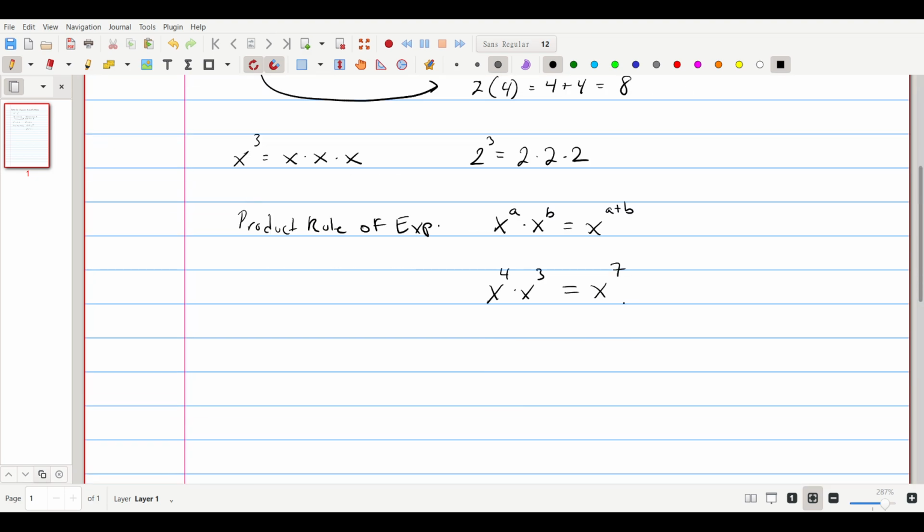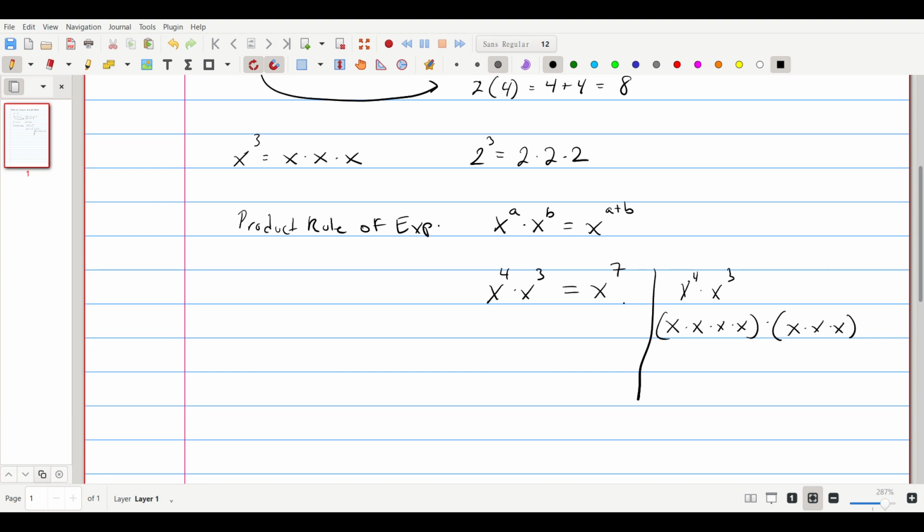So why does this work? Well, because remember what this means. This is x to the fourth times x to the third. This is essentially x times itself 4 times. 1, 2, 3, 4. And so there's the little multiplication symbol there. And then what does x to the third mean? Well, it means x times itself 3 times.